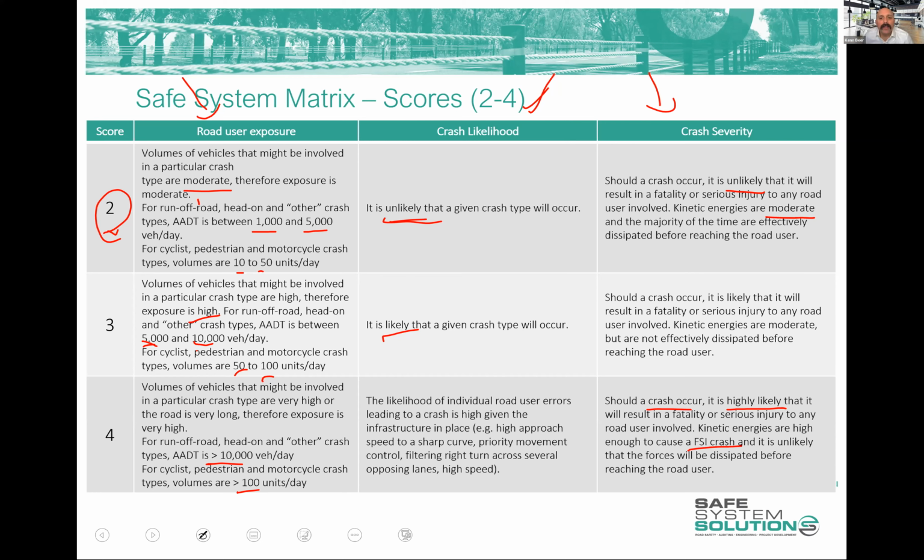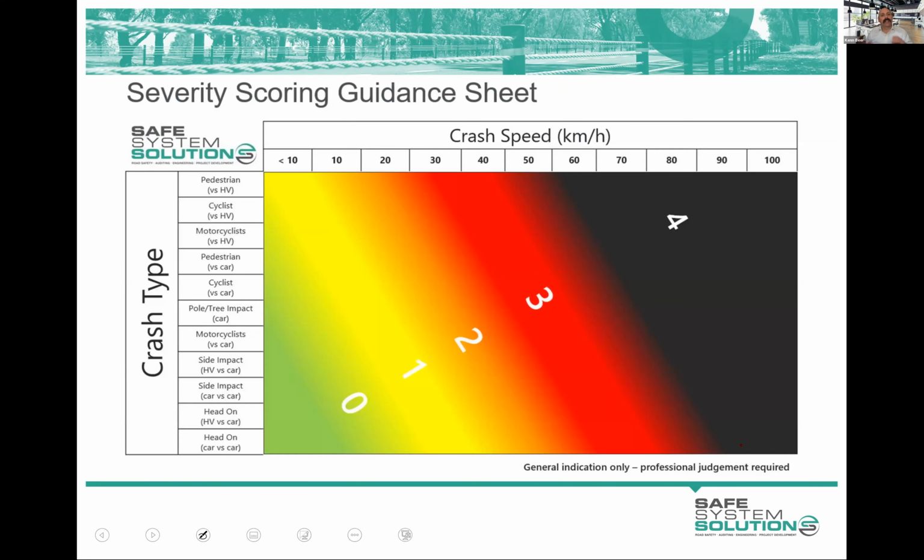So you can see there, you've got your scoring, and this is where we start to go back to these sorts of scoring guides, the data, and you can start to somewhat calibrate and think about things using this and the other information you've got. So you can see there we've got the 4, the 3, the 2, 1, and the 0. So you're getting an idea of that. General indication only. Use some judgment yourself as well.